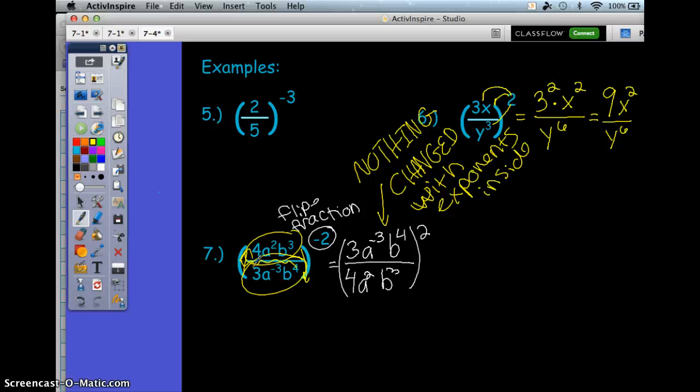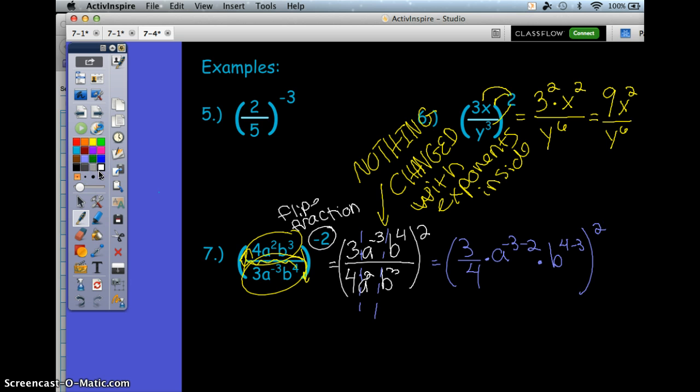Now, you could do this a couple of different ways. I'm going to first divide because I see like bases in here. I'm going to leave the 3 fourths, because they're not like bases, times a to the negative 3 minus 2 times b to the 4 minus 3, all quantities squared.